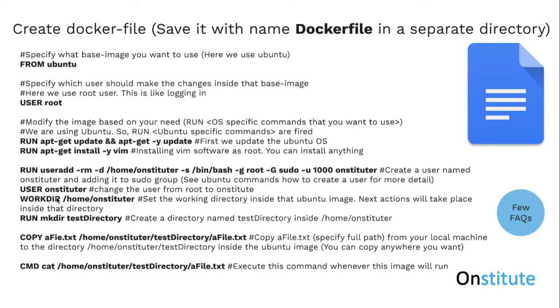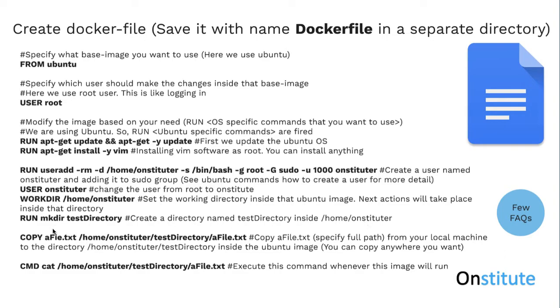After setting this WORKDIR, all the next actions will take place inside this directory. For example, if I try to create a directory using the mkdir command, that is mkdir with the name testdirectory, then this directory will be created inside this /home/Onstitute.